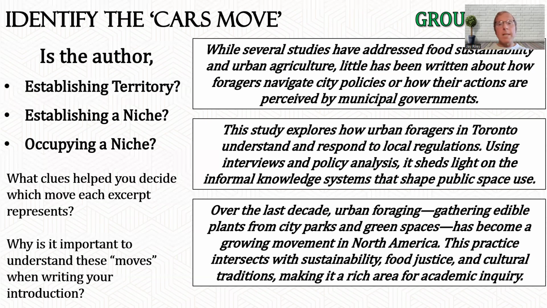Okay, right there, you're establishing the territory for your research. So I highlighted all those different stock phrases that the author uses, and those are the clues that help me to understand which move within the CARS process the author is utilizing there.